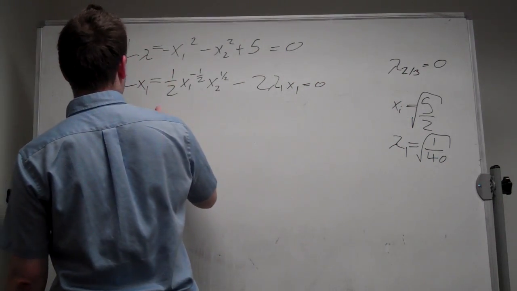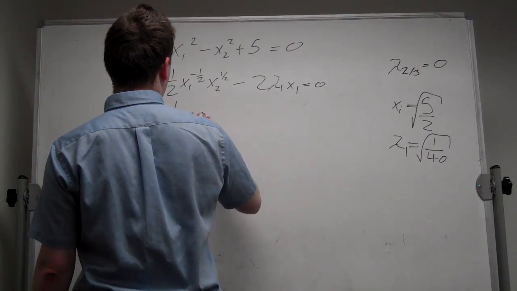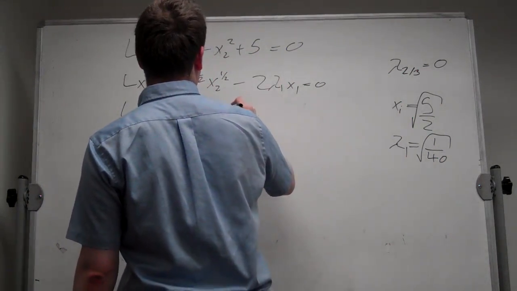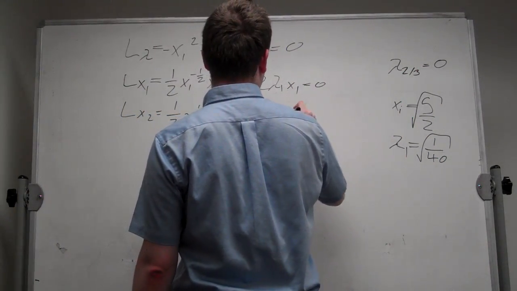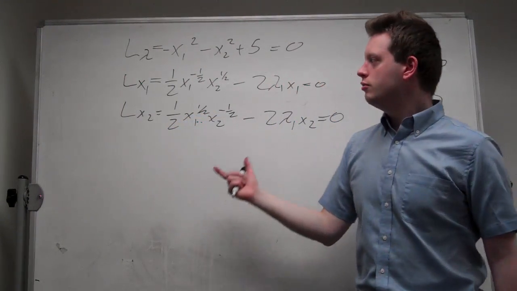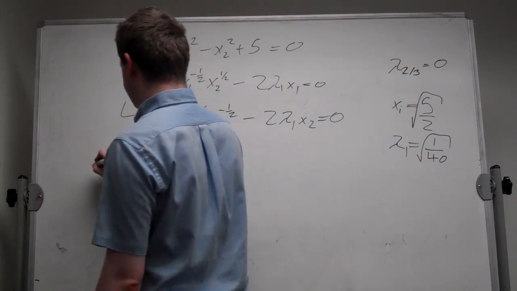And Lx2, which was equal to 1 over 2 x1 to the 1 half, x2 to the minus 1 half, minus 2 lambda 1 x2 equals 0. So we have our 3 first order conditions, so we can set up the ordered Hessian.